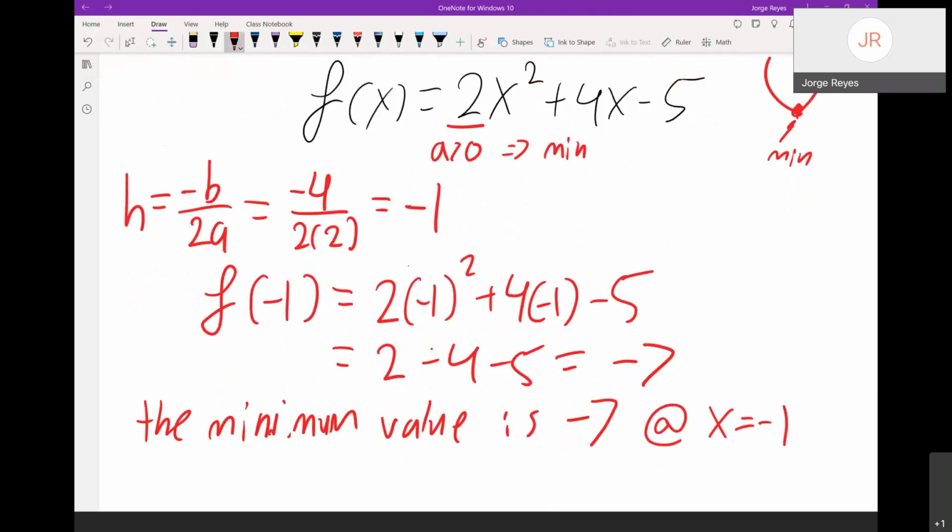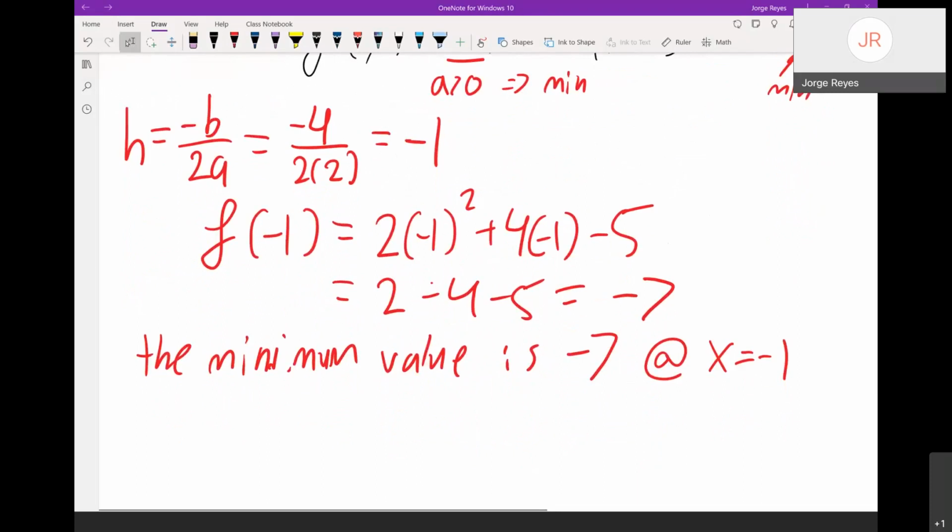But you should not say the minimum value is negative 1, negative 7. That's the minimum, not the minimum value. Whenever you see the word value, that's the y coordinate. If you're asking for location, that's the x coordinate. And if I just say min or max, that means I want the whole point, the x comma y.